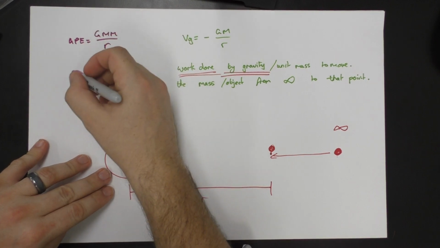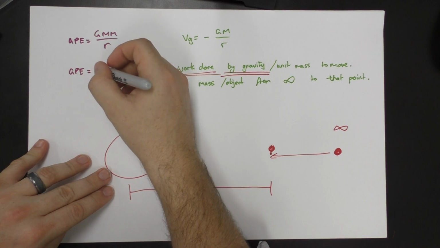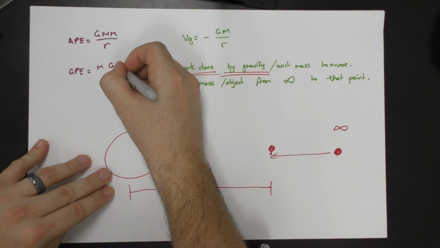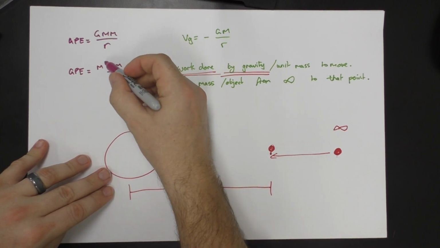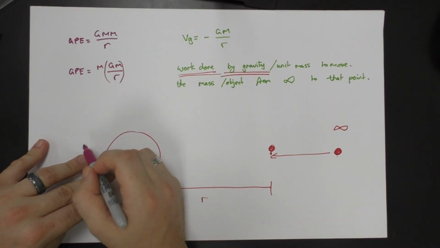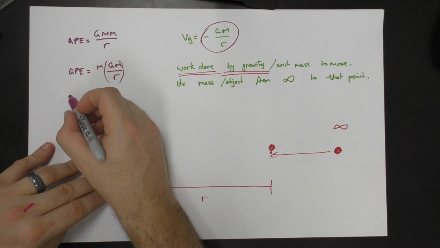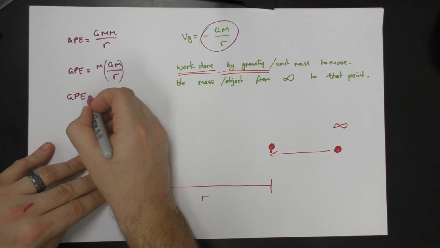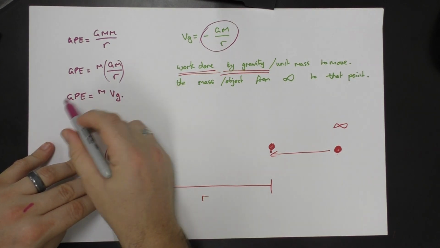So we can say GPE is equal to m times GM over R. And the reason I've done that is because look what this term means. This term is potential. And so we can rewrite this as GPE is equal to m Vg at that point in the field.